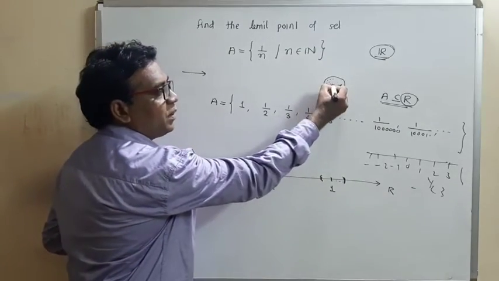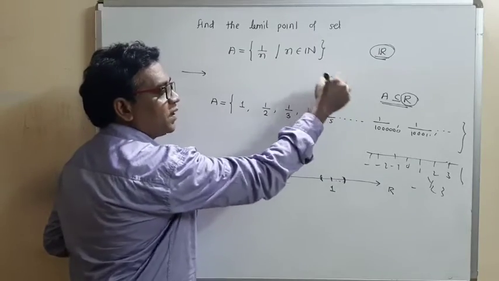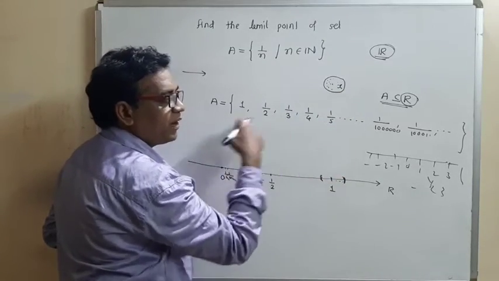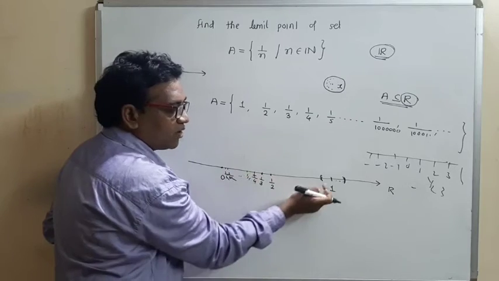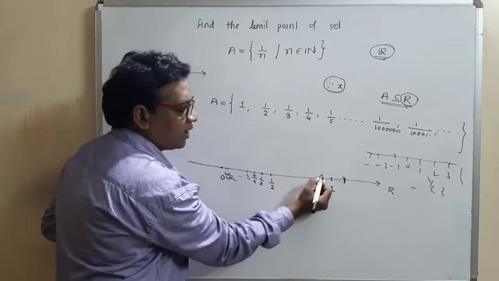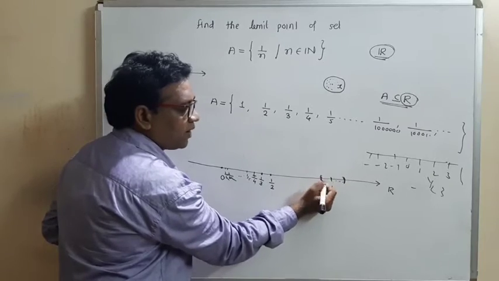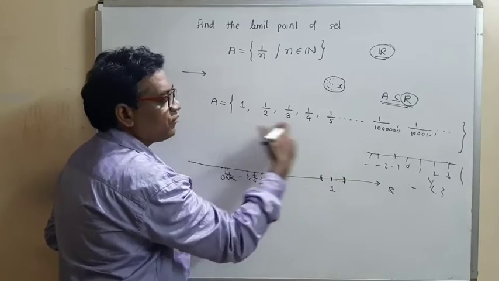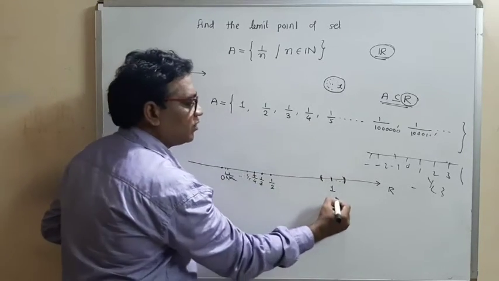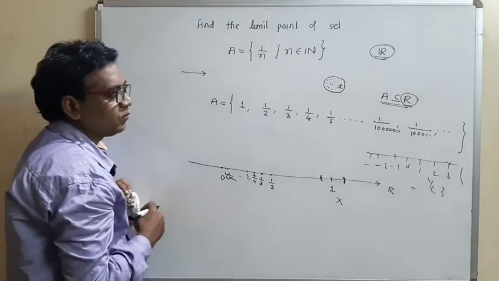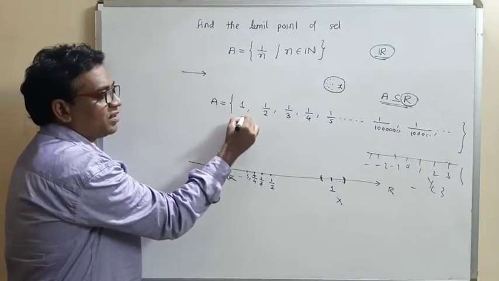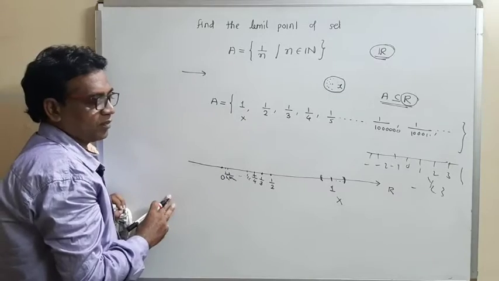If X is the limit point, then every open sphere contains infinitely many points of A. This one is not the limit point, because if you consider this open sphere, it does not contain infinitely many points of A. So X equal to 1 is not the limit point.